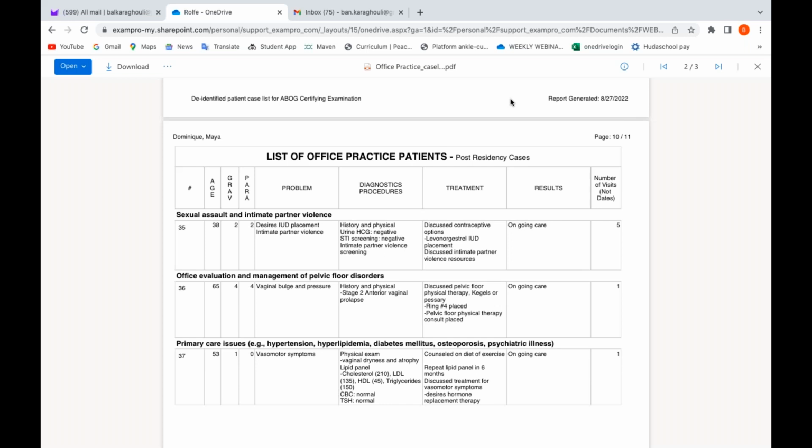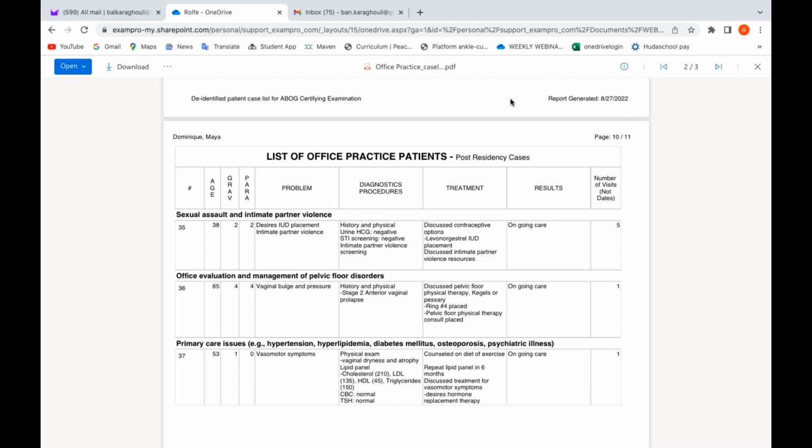Stage 2, it is going to be between -1 and right outside of the introitus and +1. Stage 3 is going to be +1 and also beyond +1, and stage 4 is going to be complete procidentia.